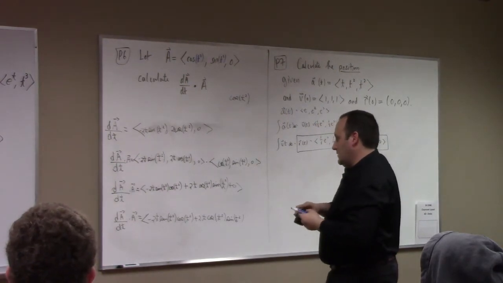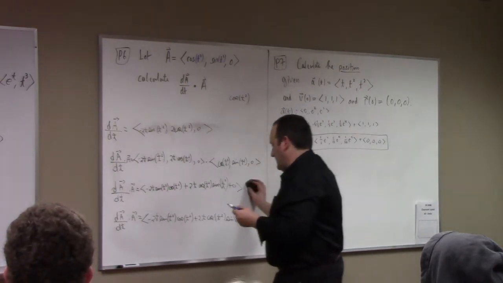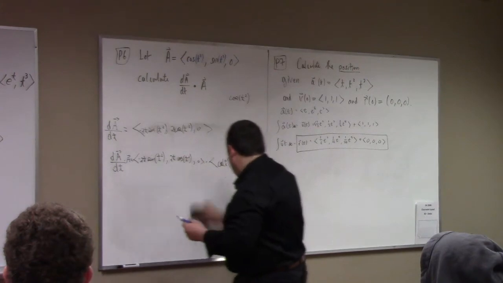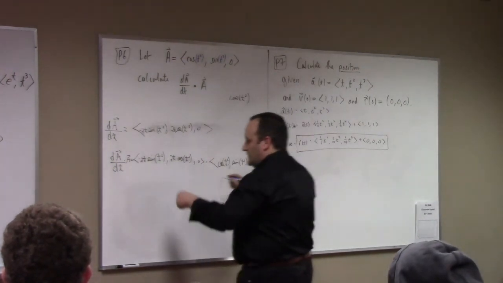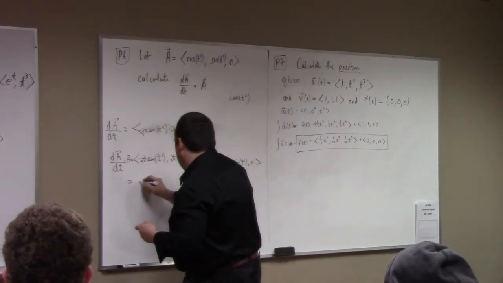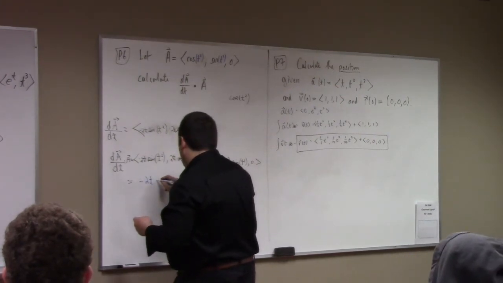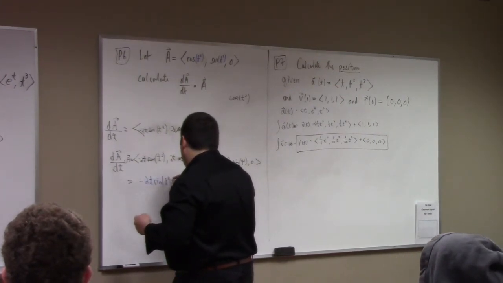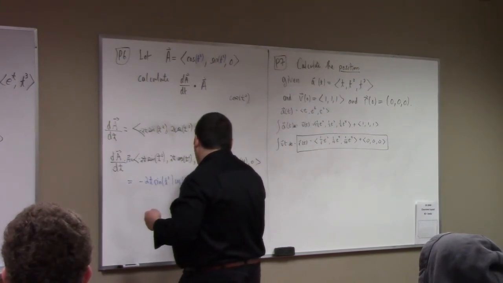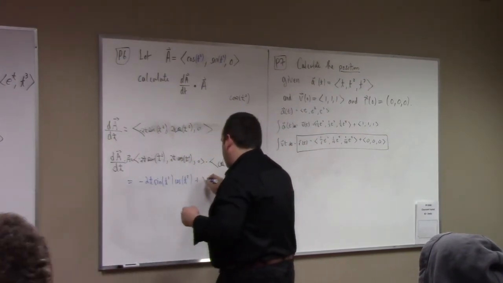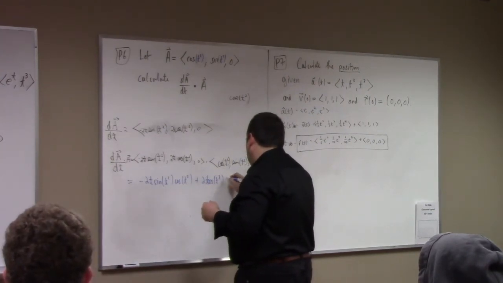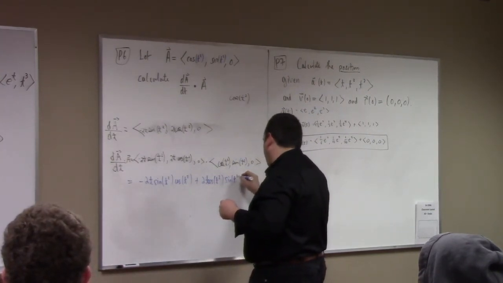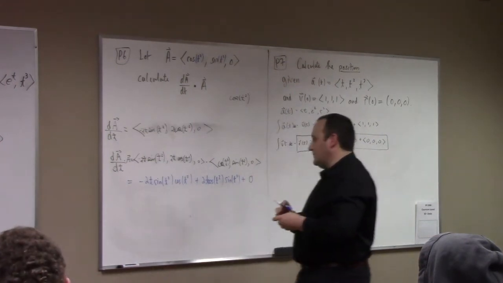And I'm just going to go ahead and erase this stuff down here. So what is this actually equal to? Minus 2t sine t squared cosine t squared plus 2t cosine t squared times the sine of t squared, right? Plus 0.